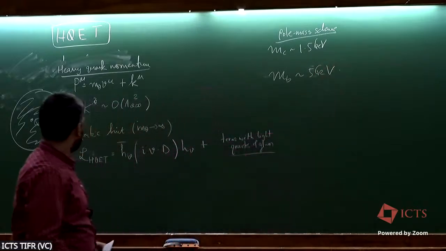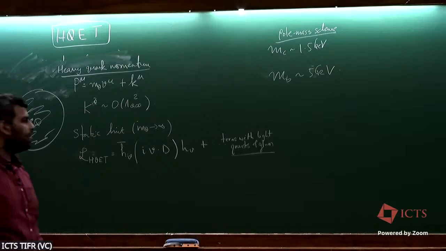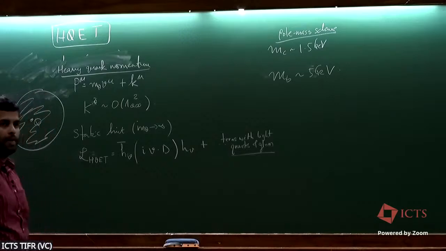Whereas in the QCD Lagrangian, there is a heavy quark mass dependent term, which appears as the mass term. But in this HQET Lagrangian, you do not see any dependence on the mass right now. And therefore, this static Lagrangian is equally valid for both D mesons and B mesons, describing their properties.